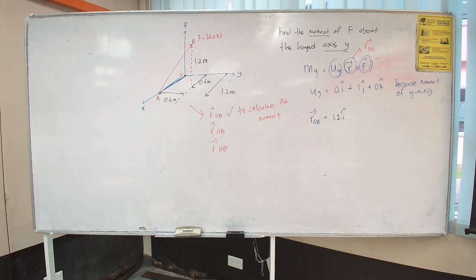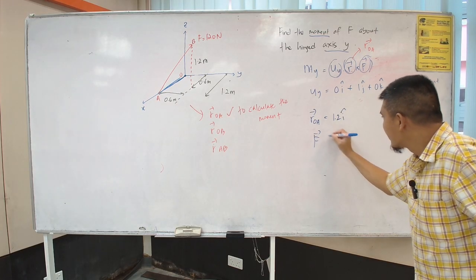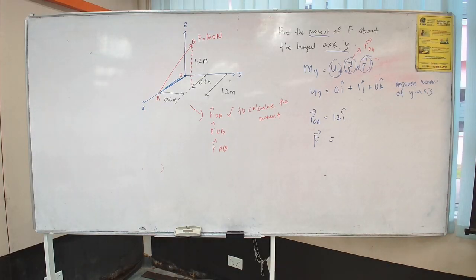Now we already have our U information, we already have the R information. Now we want to find the information of the F. Remember, if you already understand what we discussed from week number 1 until today, you know how to solve this.